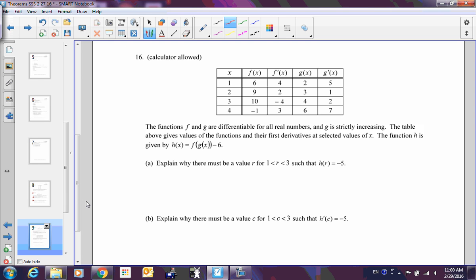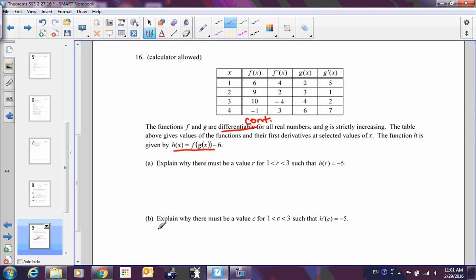Okay, this is a table. AP Test loves these table problems, and generally they're not that bad. Just got to know how to read the table. So notice that we've got differentiability, and if we have differentiability, we also have continuity, so we can use all of our theorems. Then we have this other function. Now at any point I'm going to have to explain something.